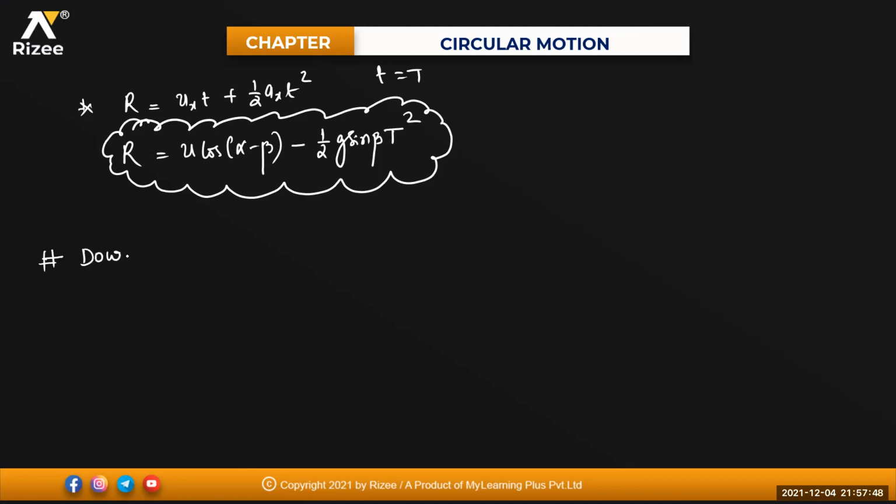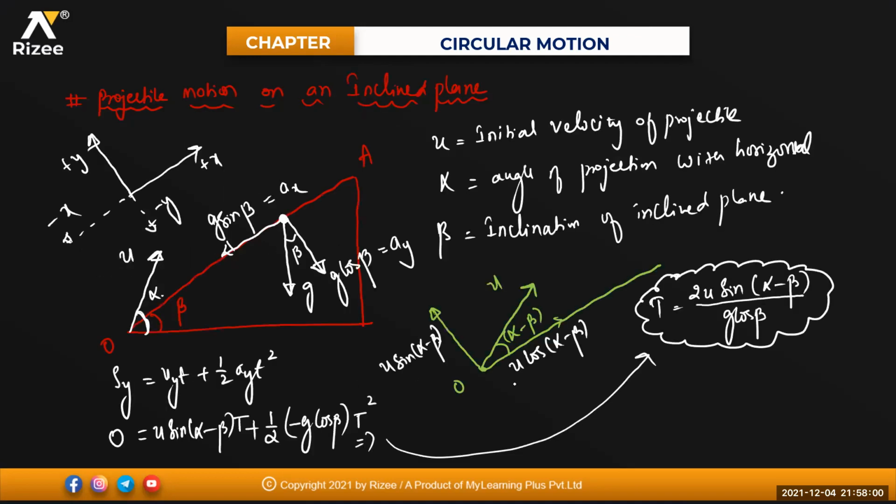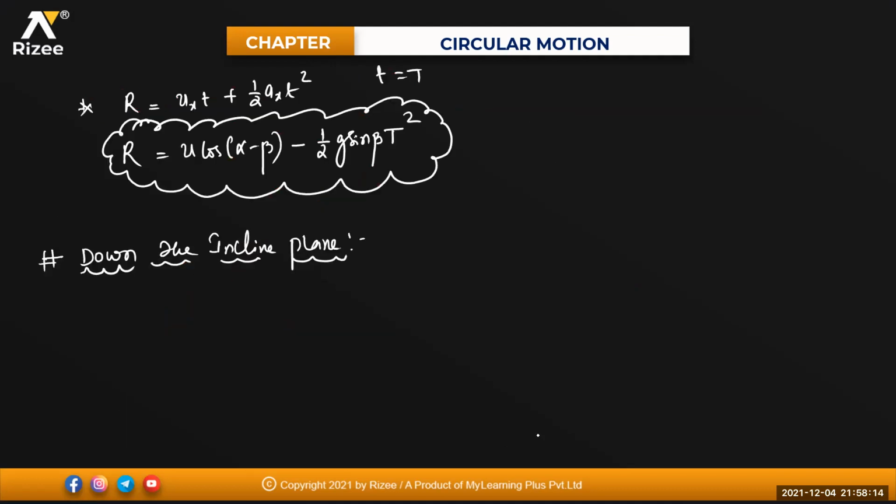Down the inclined plane. The body is projected from the top of the tower, but down the inclined plane. See this one, this one was right now up the inclined plane. I'll write the heading for this one: up the plane. Now you are standing on the top of the plane and throwing the body in the downward direction.